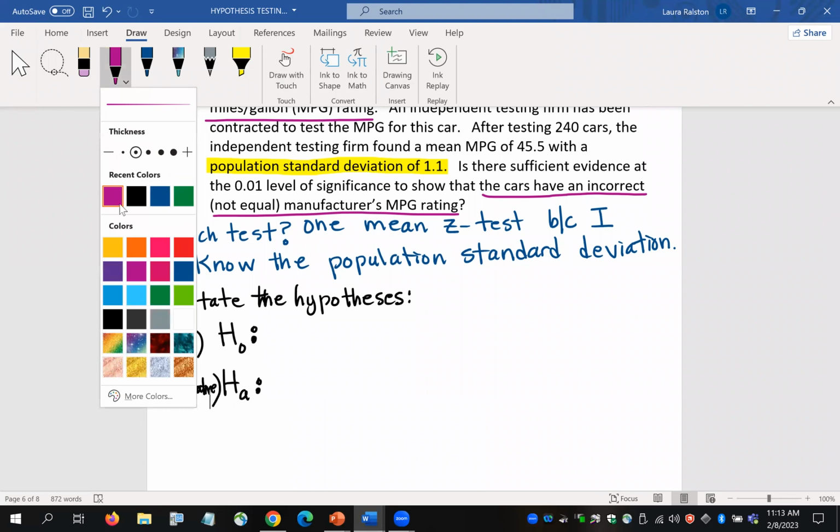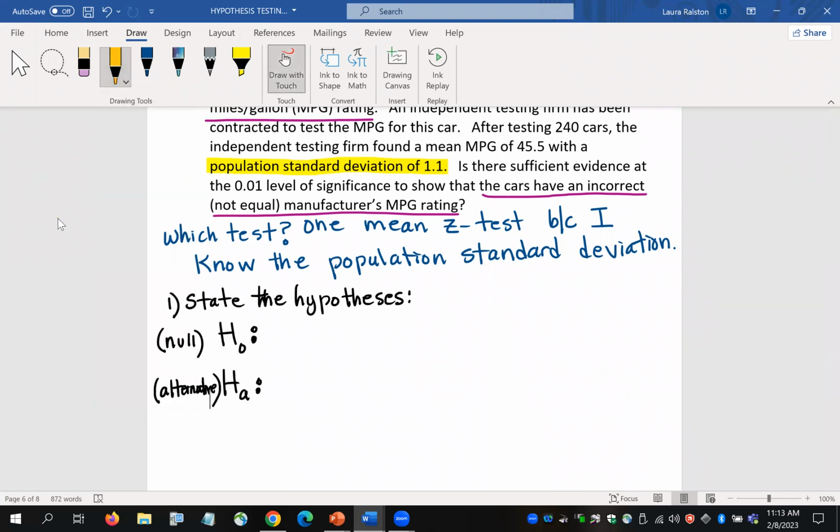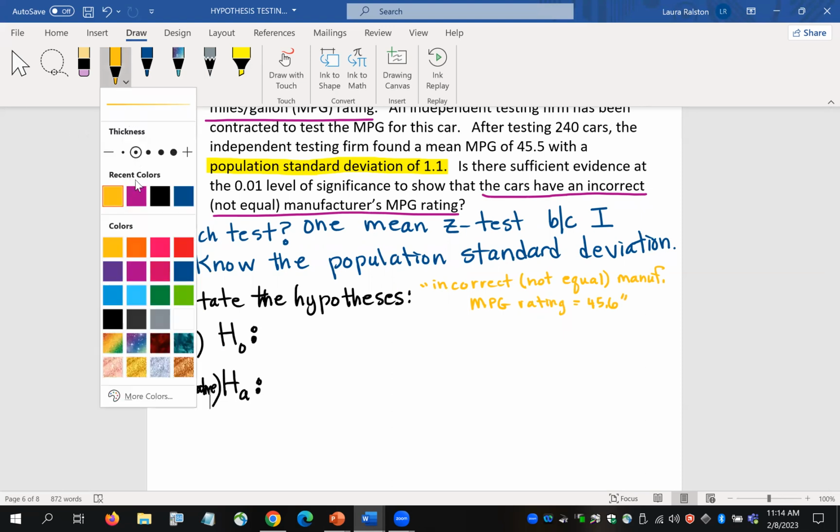Okay, so your hypothesis basically has said incorrect, which means not equal to the manufacturer's mile per gallon rating, which is 45.6. Okay, so again, you have that phrase, not equal.